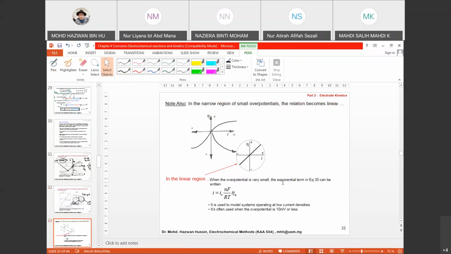As I said, in the narrow region of small overpotential, the relation becomes linear. If you zoom over here, at current zero it is almost a linear plot, and this is where you can calculate the slope in order to find the resistance value.